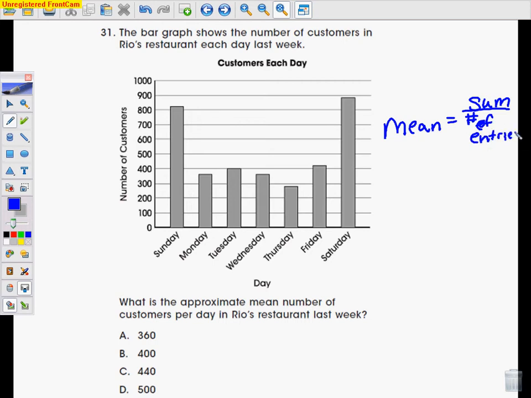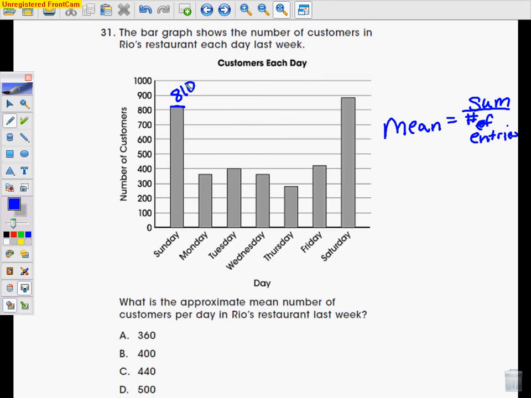So here you actually have to find the sum by interpreting it from the bar graph. So let's look at Sunday. Sunday we have a little bit above 800. So let's say that we have 810. Okay, and it's okay to approximate here.